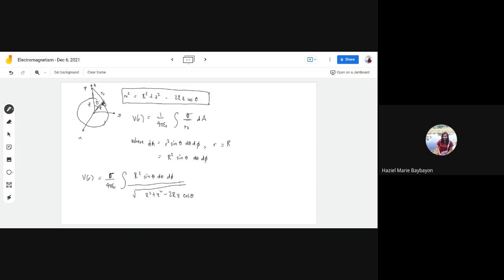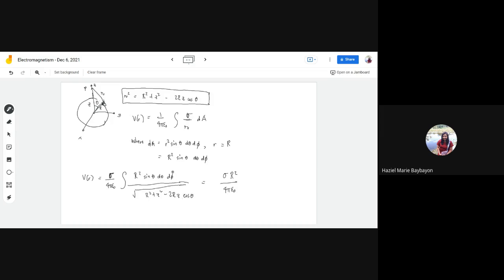Okay. So evaluating this, we can actually take R squared out of the integral since it is also a constant. So we have sigma R squared over 4 pi epsilon naught. We cannot evaluate sine theta d theta immediately since we have a theta in the denominator pa.